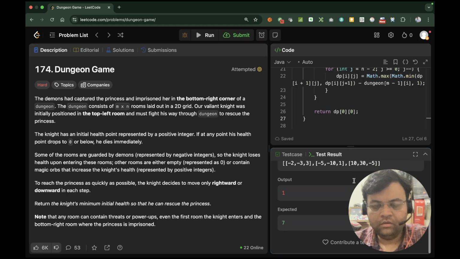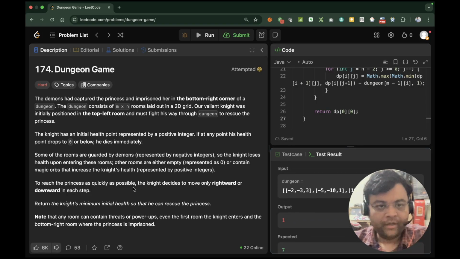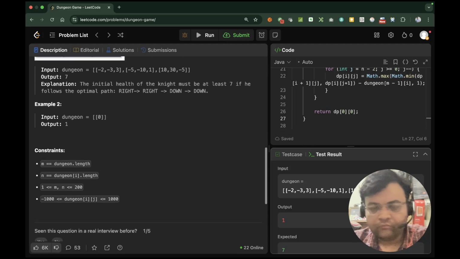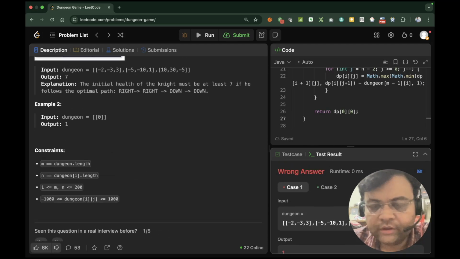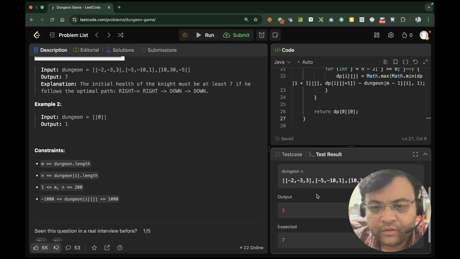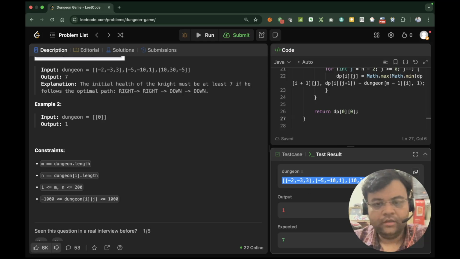Oh, okay, now debugging is tough. Just saying, for case 2 it is 1. That's fine. It's a no brainer. So minus 2, minus 3, minus 3. Okay, this is the array, right? Let's copy this one.